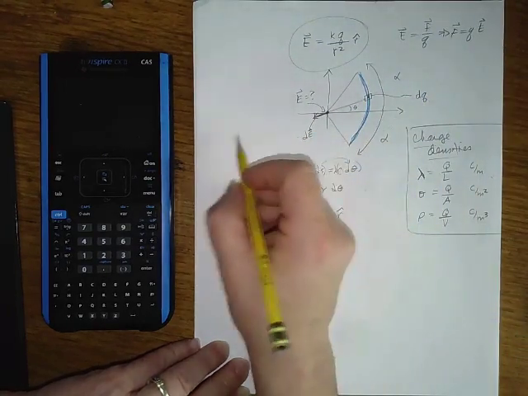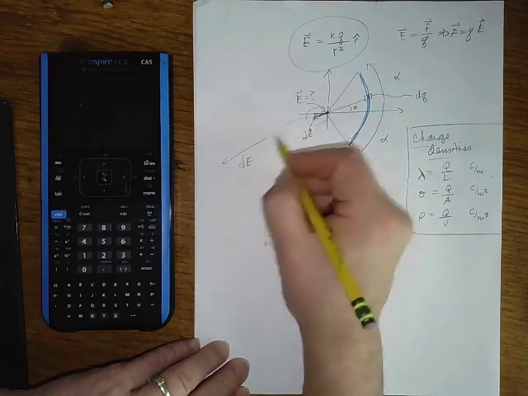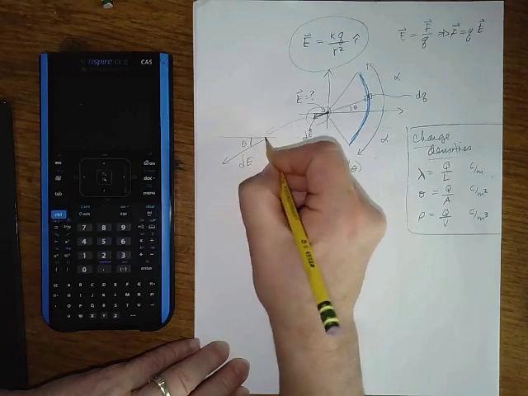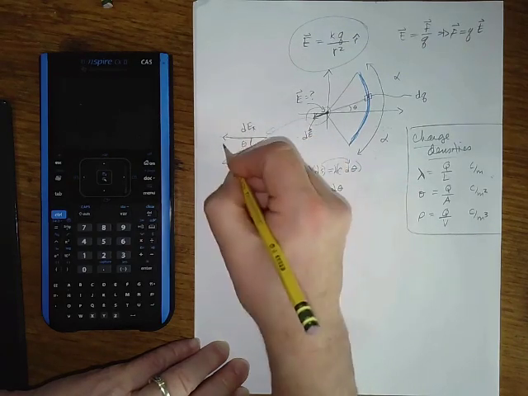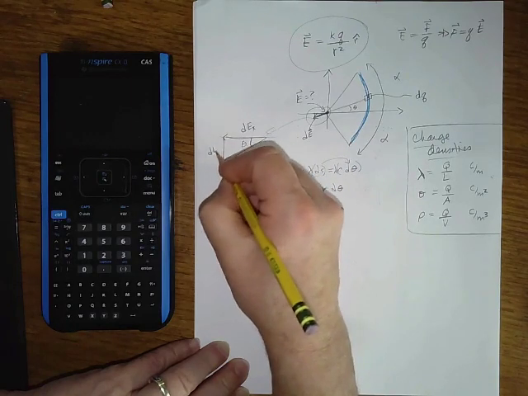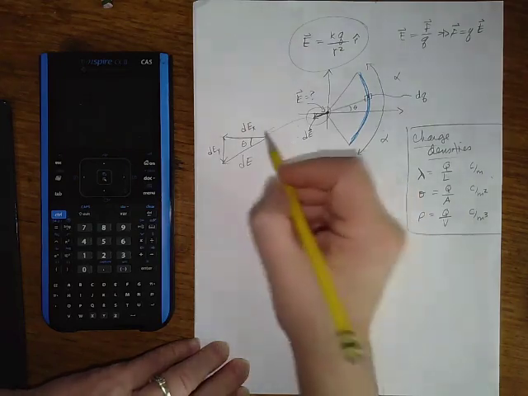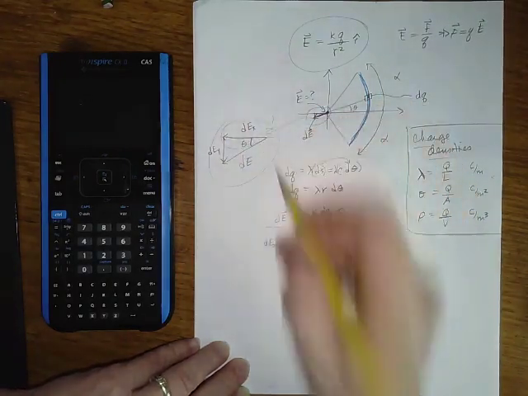Let's make a bigger picture here. So let's pretend this is our dE expanded view from in here. All right, so we got our horizontal, and we got theta in here, and so we've got our dEx component, and then we're going to have our dEy component. And we're trying to figure out this one, again, expanded from in here.